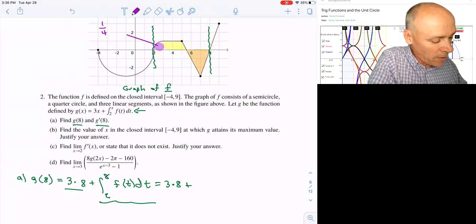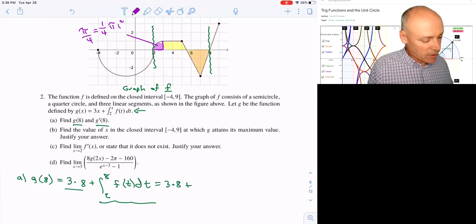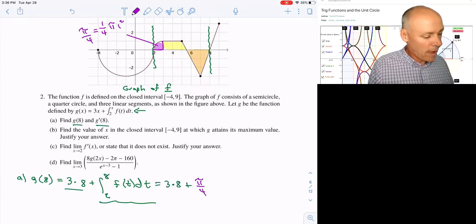So I know it's 1/4 pi, and my radius is 1, right? So that'd be just 1 squared. So that's just pi over 4. My function's above the x-axis, so I'm going to treat that as a positive pi over 4.